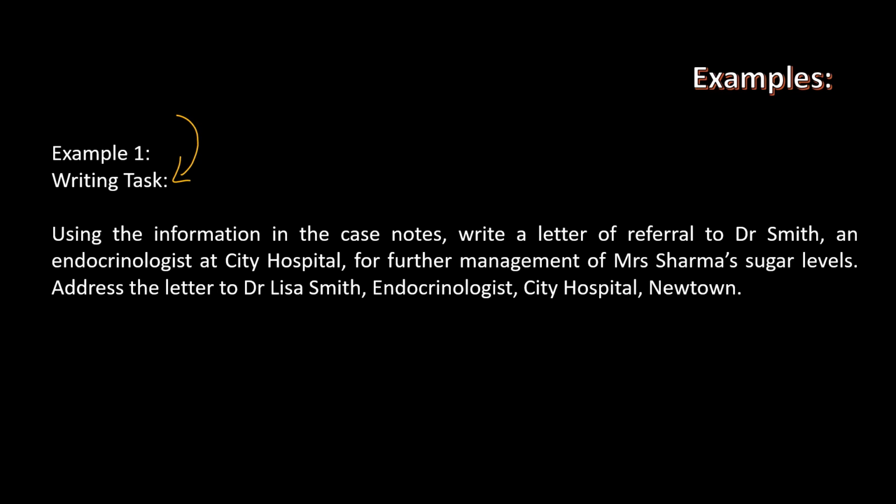The writing task appears way down the case notes. That means you have the case notes on the top, and at the extreme end of the case notes, you will find the writing task, and it's from the writing task that you can pick the purpose of the letter. So this is the first example.